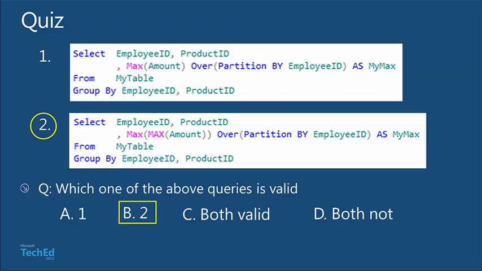Then the amount inside has no aggregation, and it is also not in the GROUP BY clause. That makes it invalid. It's not allowed. It's tricky, isn't it? Really, this is a very tricky one. So the answer is indeed 2.